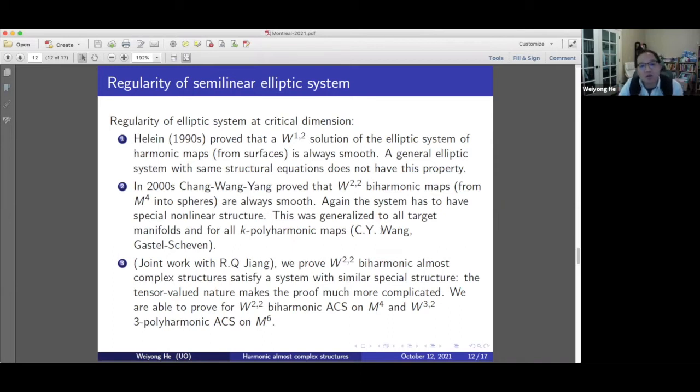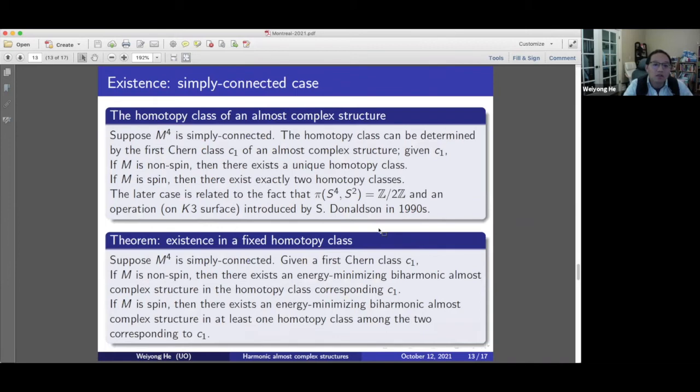So there is no essential new input, just adaptation. The existence, when we consider a fixed homotopy class, actually contains some new developments. So we are going to summarize.